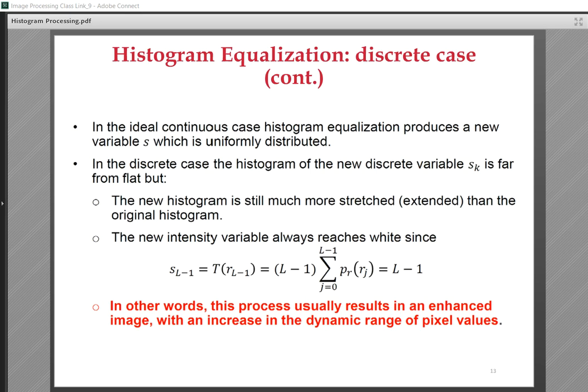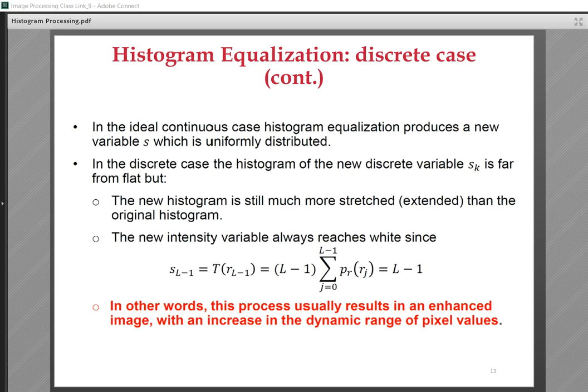But in the real one, images are discrete, not continuous. Some pixels, some samples, and discrete. Here, the resultant histogram isn't fully flat, but it is flatter than the histogram of the original image.